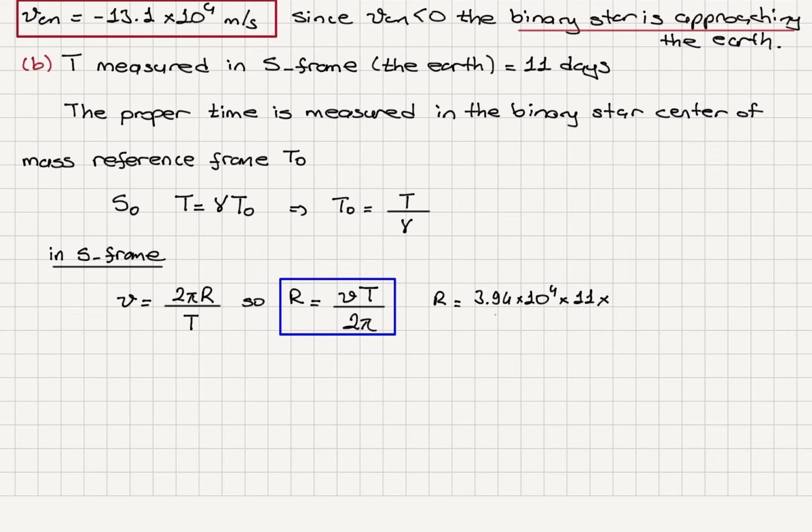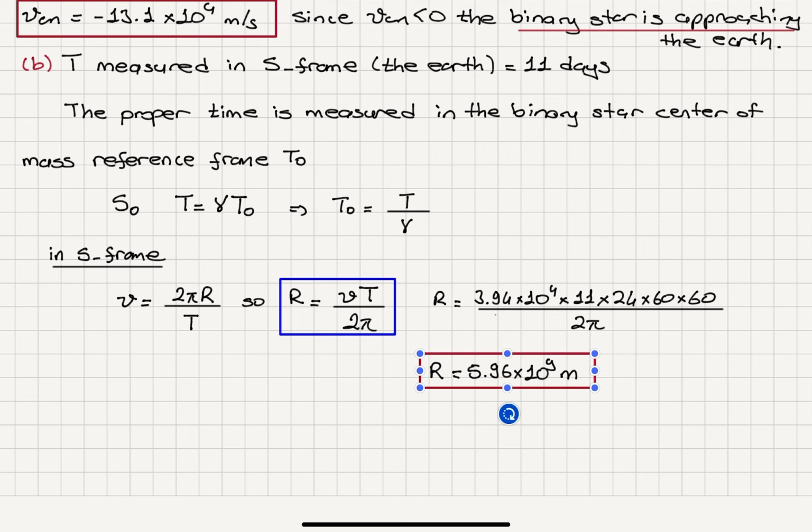One day has 24 hours, 1 hour has 60 minutes, 1 minute has 60 seconds. So convert to seconds. Divided by 2 pi. And that gives me, for the radius of the orbit, 5.96 times 10 to 9 meters.